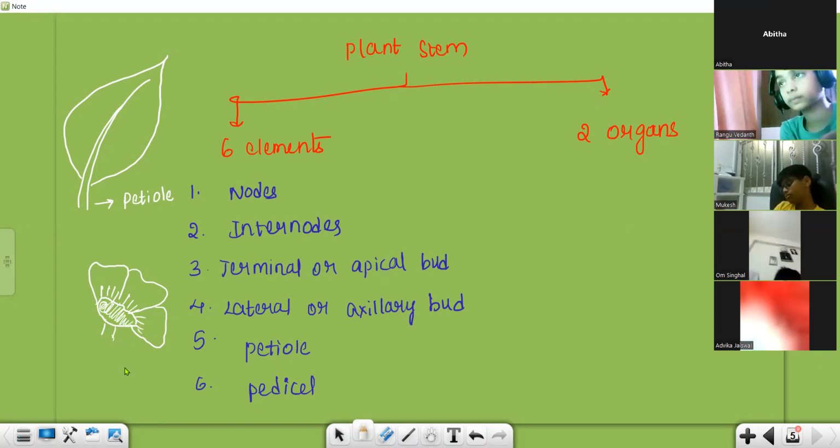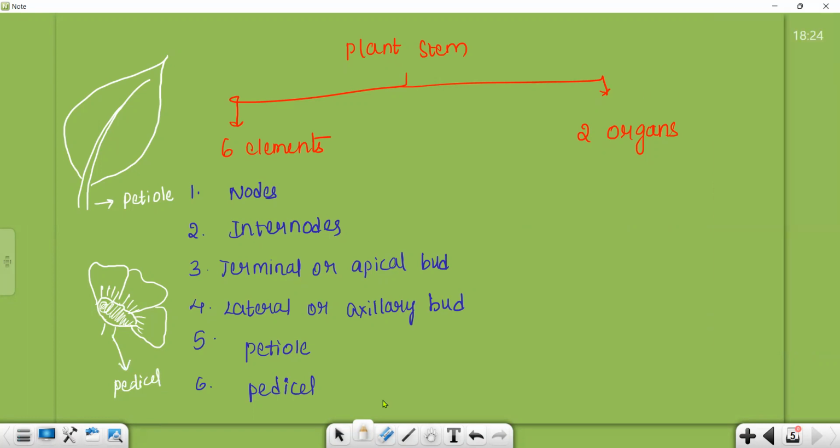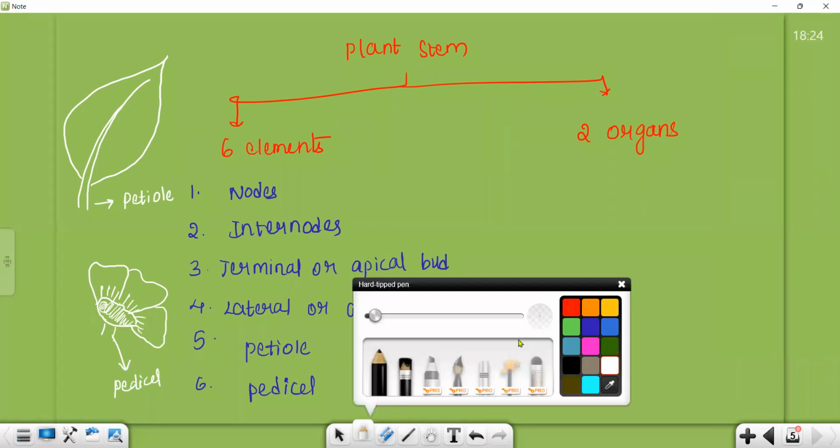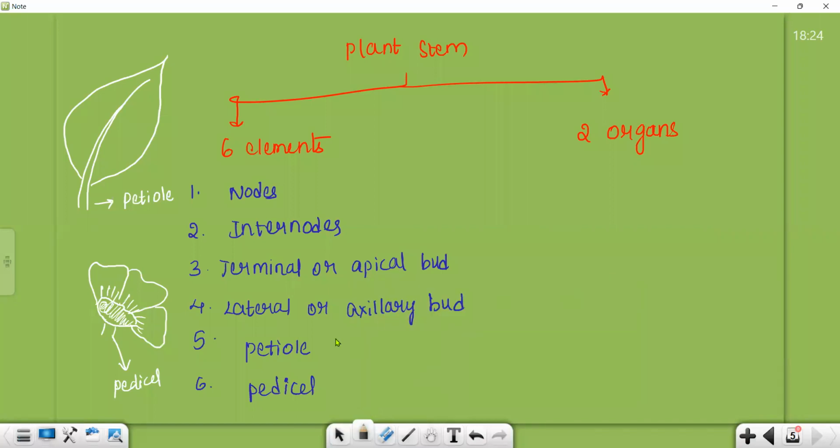So this stalk is called pedicel. Understand what is petiole, students? Stalk of leaf is petiole and stalk of flower is pedicel.